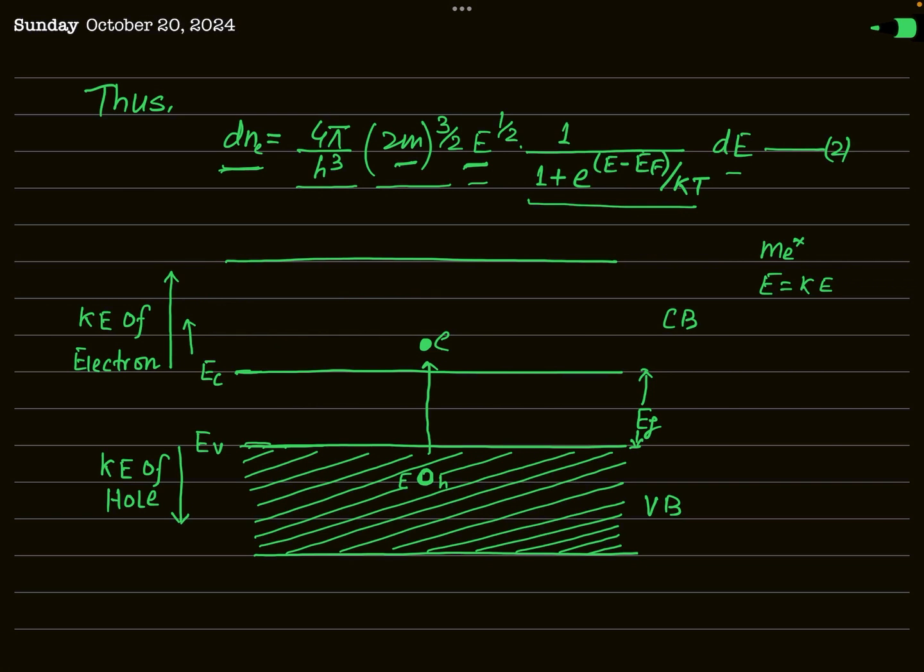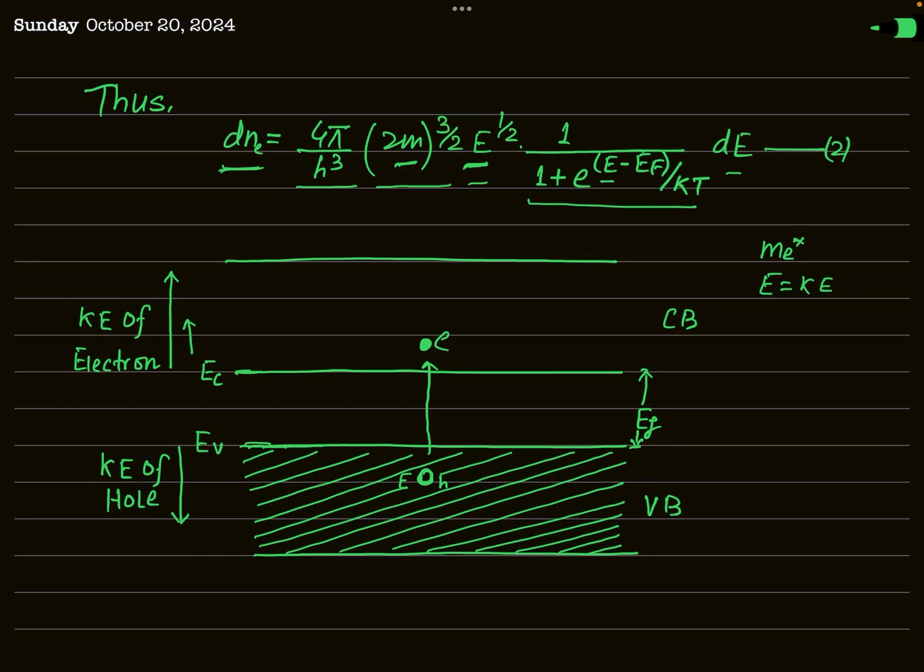But here, when you talk about this E in the exponential factor, then it represents the total energy, not of a free electron. So at both places, E has a different meaning. As far as this E to the power half is concerned, this represents the kinetic energy of the electron.